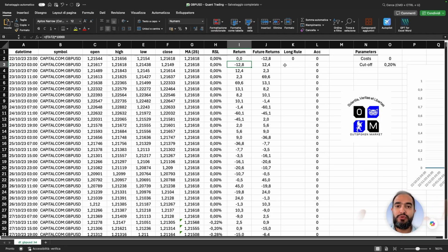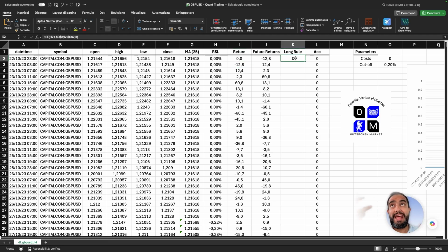Remember, I told you in the beginning of the class, the markets, or actually any given asset, will have two main movements, a mean reversion or a trend. Here we are exploring the mean reversion move.